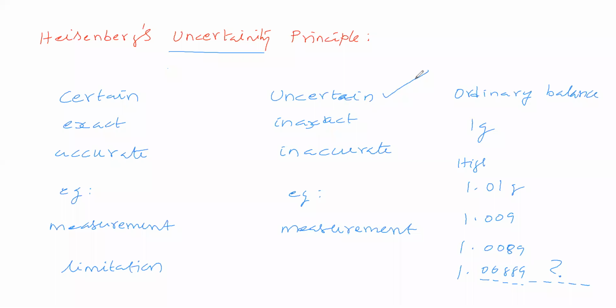This uncertainty we are coming across for macro bodies itself, in measurement. What about micro bodies? We are unable to see atom, electron, proton, neutron. For micro bodies, what about measurements, either position or whatever you take?